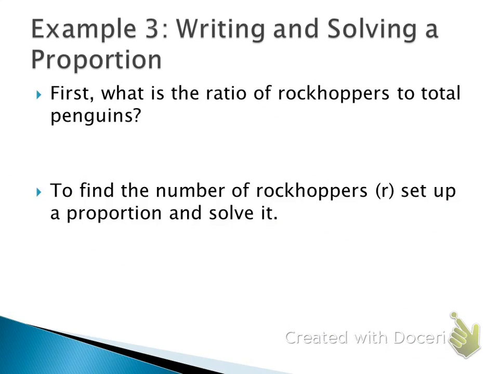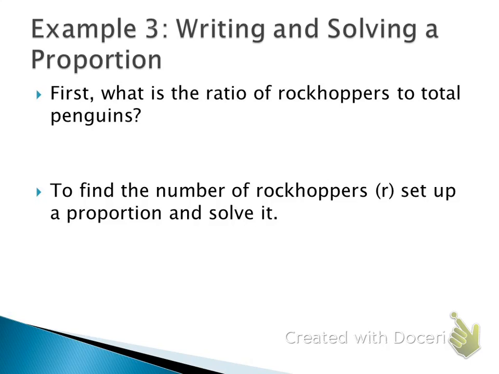In example 3, now we're still writing and solving a proportion, but this one's going to have a few steps, and here's why. Okay, let's read it. It's a penguin example. At an aquarium, the ratio of rockhopper penguins to African penguins is 3 to 7. And it says, if there are 50 penguins, how many are rockhoppers?